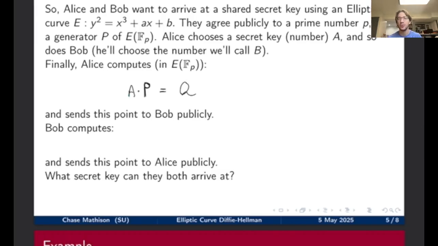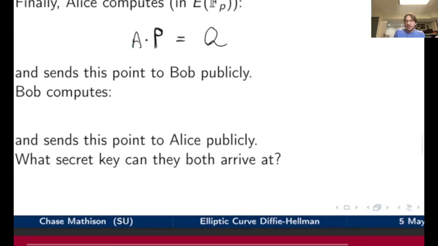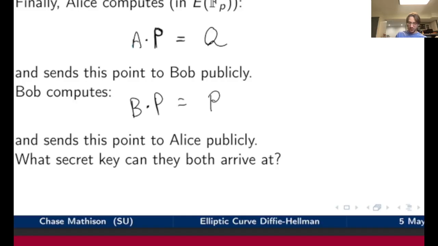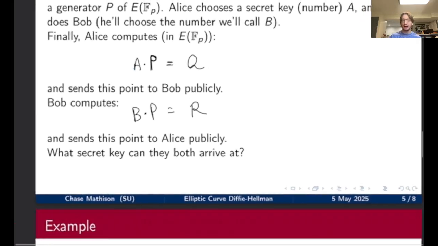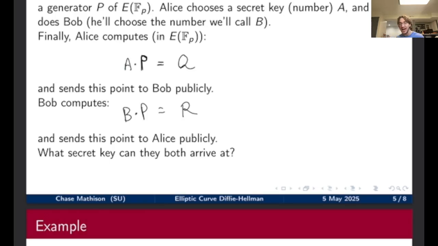She says, my point that I got when I took my secret number times the base point was this point Q. Bob does the only thing he can do. He computes B times P. We'll call that capital R, and then he sends that point to Alice publicly.